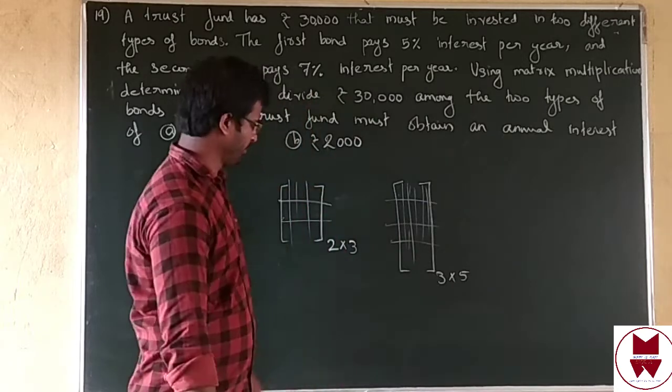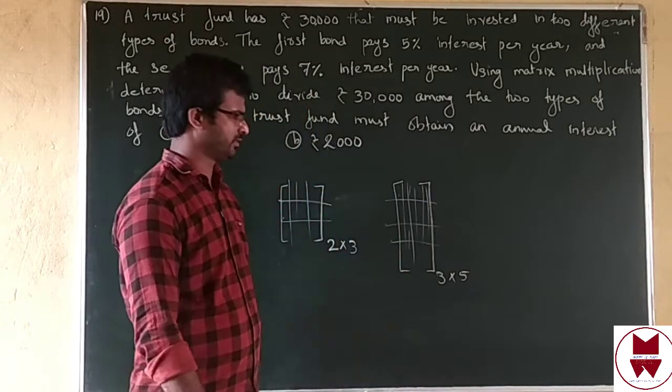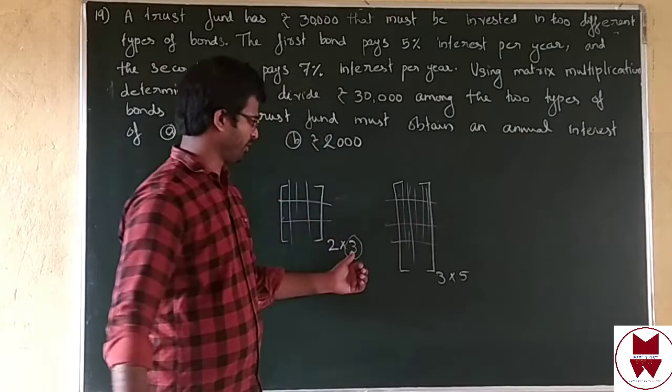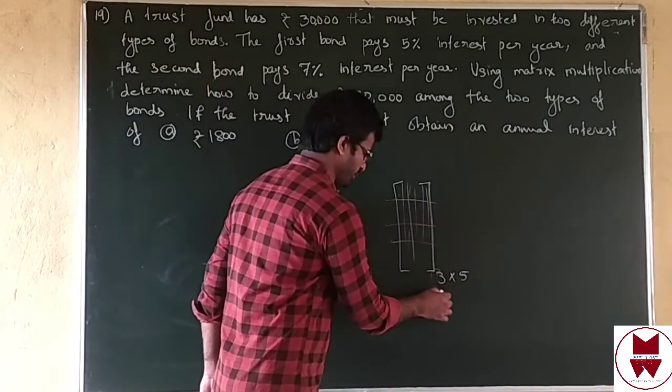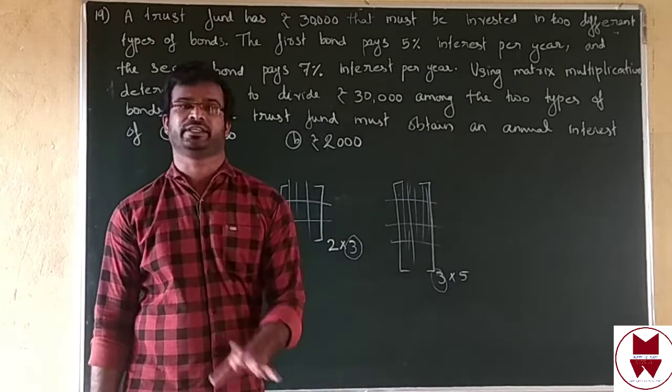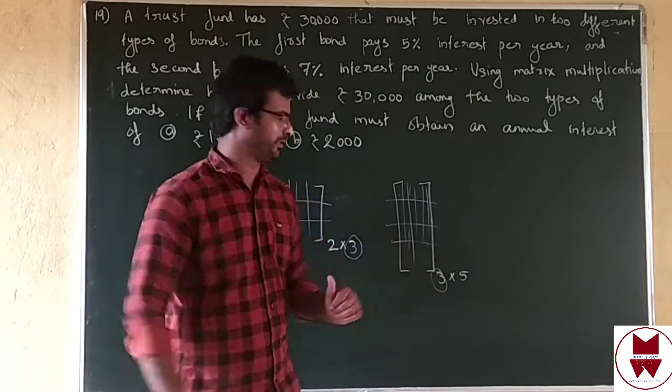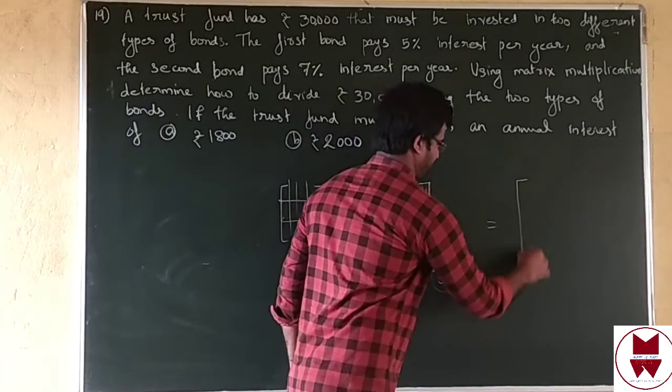If we multiply, can we multiply these 2 matrices or not? How can we check it? The number of columns in the first matrix and the number of rows in the second matrix should be equal. We can multiply these because 3 and 3 are equal. And then we will get another matrix.